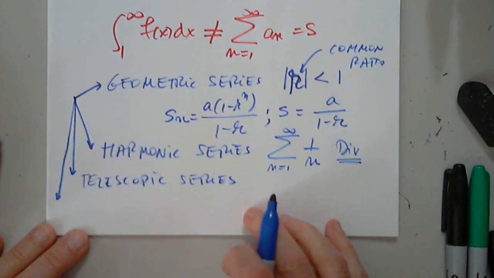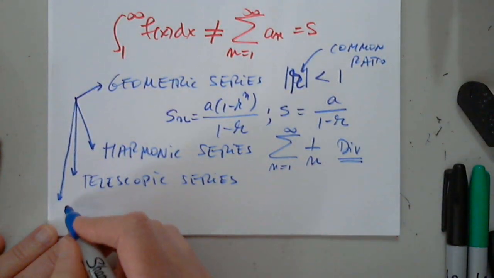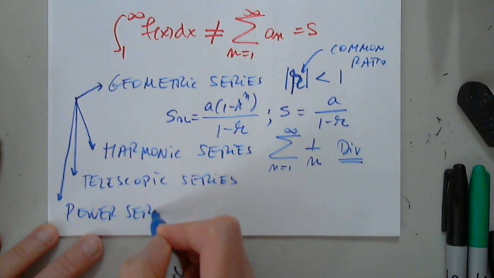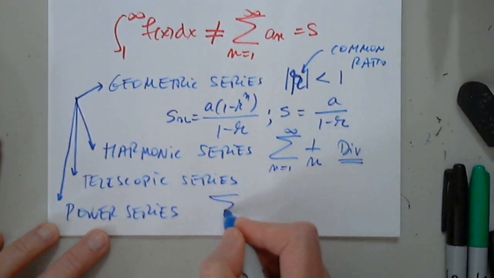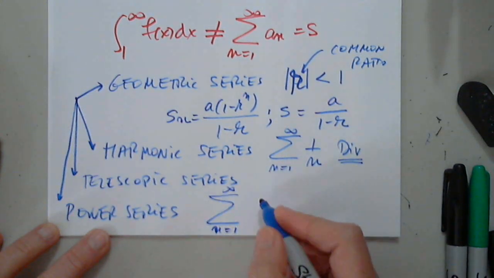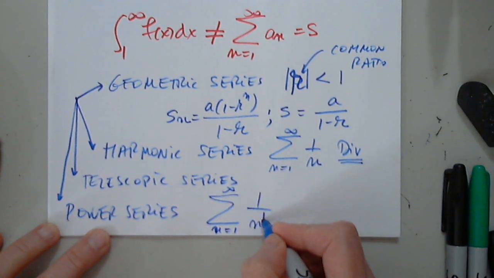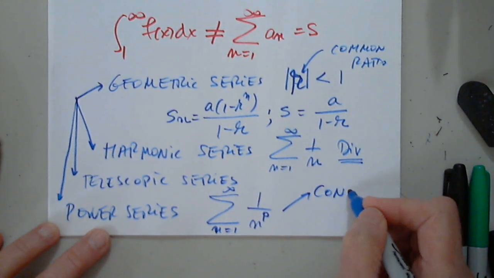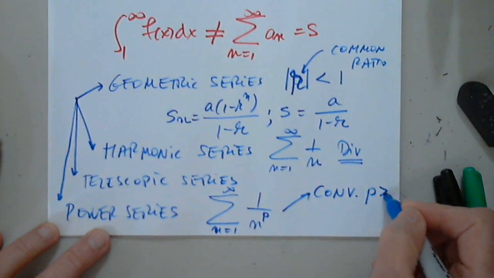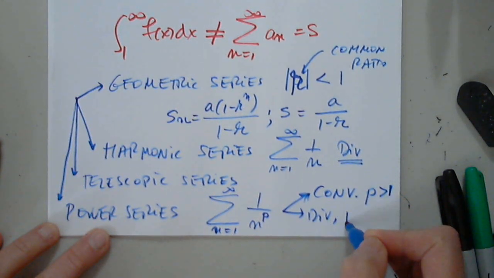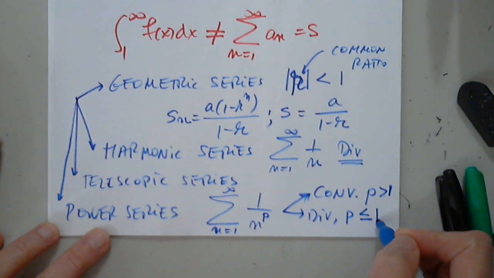And now I want to add here one more, which is the p-series. This is the sum from n equals 1 to infinity of 1 over n to the power p. So it is convergent when p is greater than 1 and is divergent when p is less than or equal to 1.